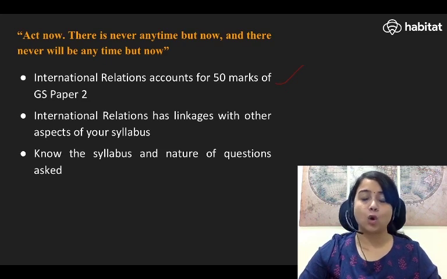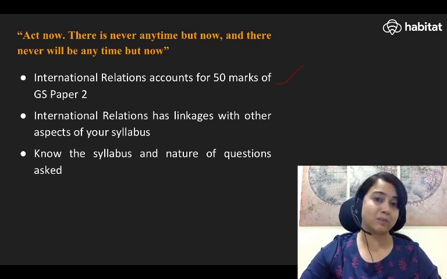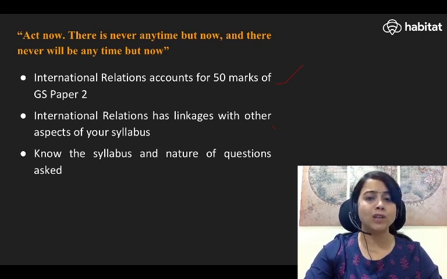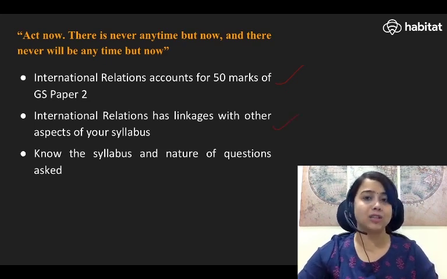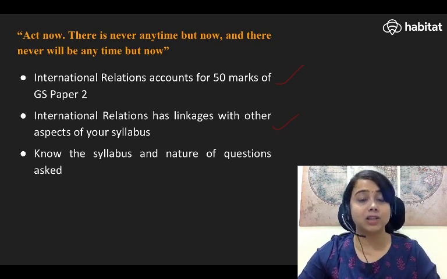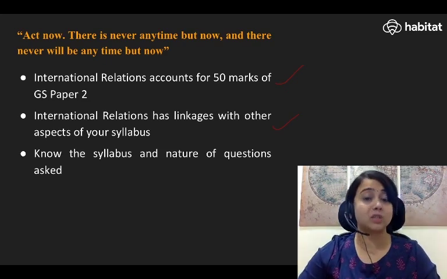International relations also has some important linkages with other aspects of your syllabus. Which other portions of your syllabus are linked to international relations? Say, your internal security aspect of general studies paper 3. Also, a good knowledge and a solid understanding of international relations can be really beneficial for writing your essay.